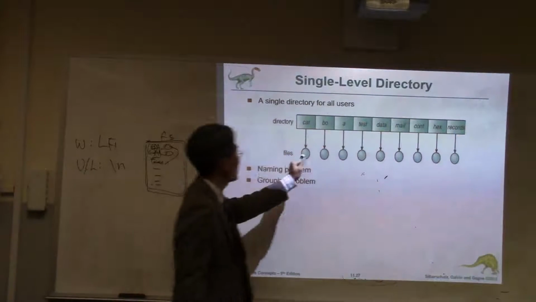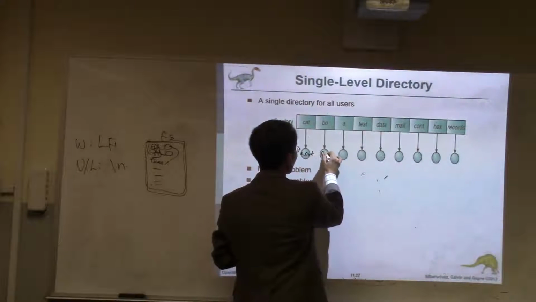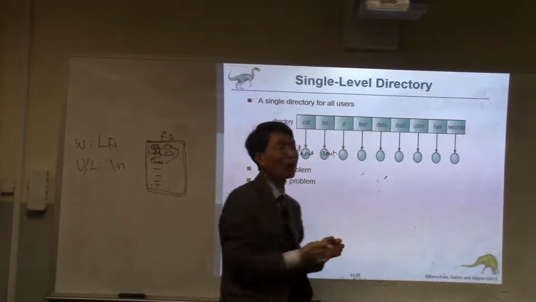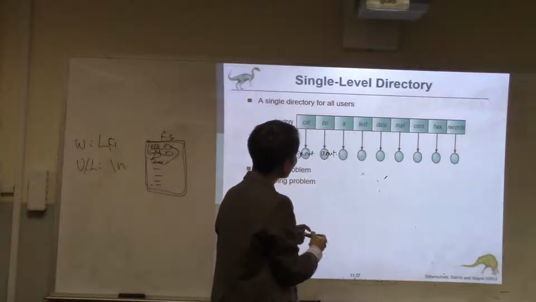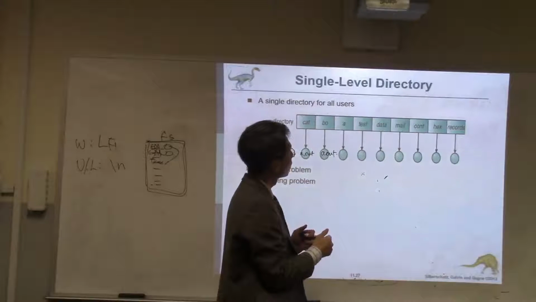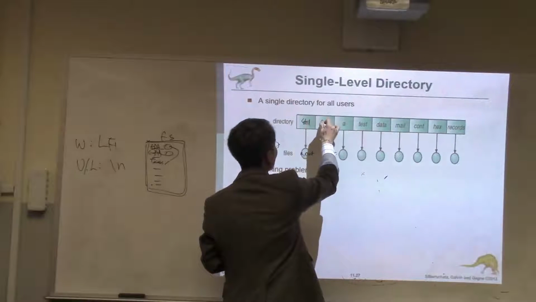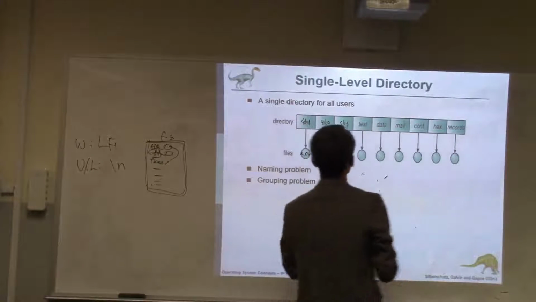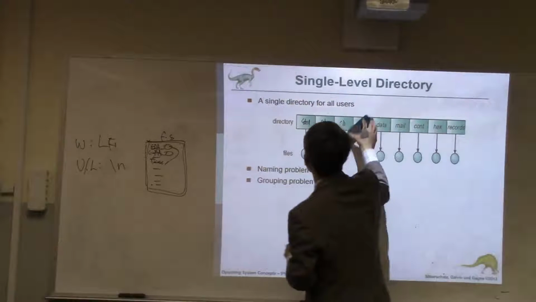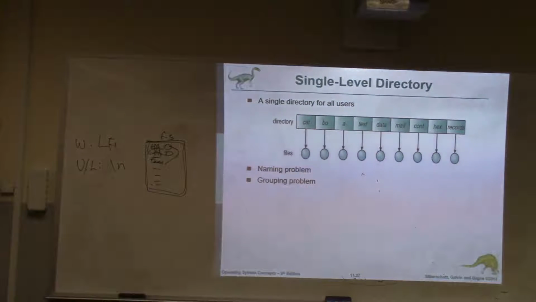We can create the same file names, a.out here, and there is no problem creating a.out in another directory. So we can solve the problem of the name. The grouping problem, we can make a group like that: this is student 1, student 2, student 3. So using the single level, we can reasonably solve the naming and grouping problems.